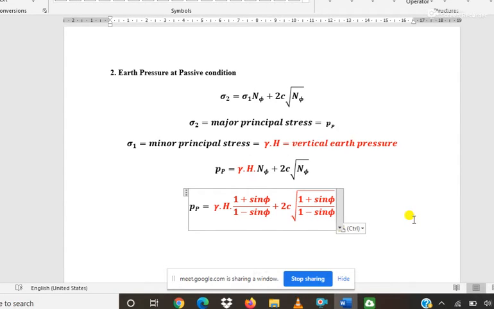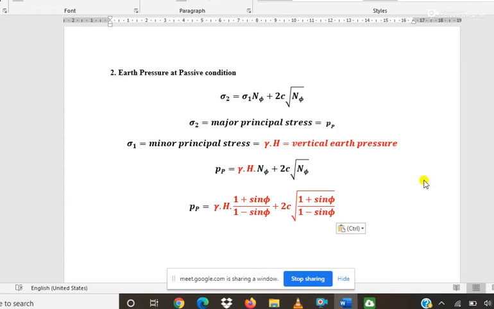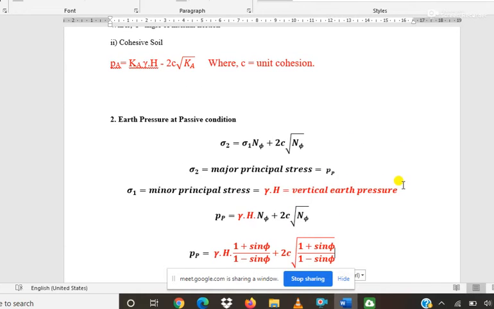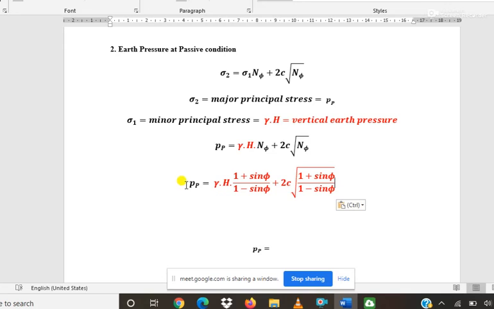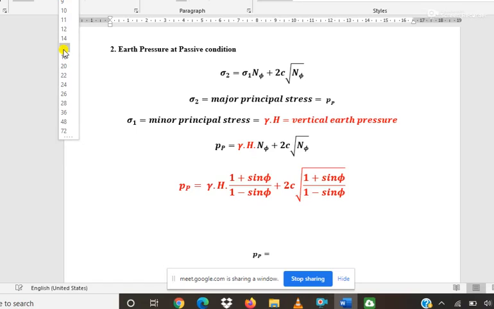Okay, this is the final form of equation for PP, that is lateral passive earth pressure. This is the final form.